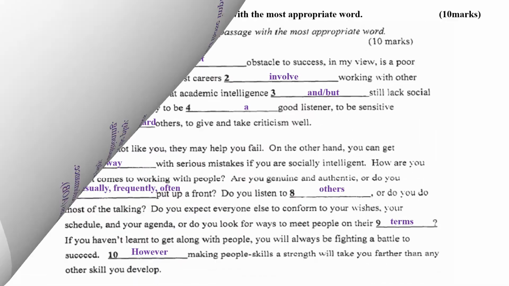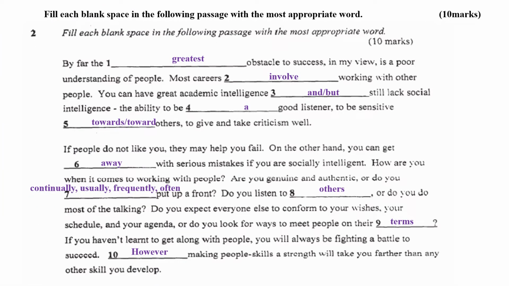Good. Second part of this particular paper, it's a cloze test. Fill each blank space in the following passage with the most appropriate word. I'm going to go through this one, but a good reminder that for you to grasp the idea, first of all, you read the whole extract as though it was complete, and by doing so, you'll get the idea of what the tense of that particular extract was, and that will also give you some mileage on the appropriate words that you're going to fill in those blanks.